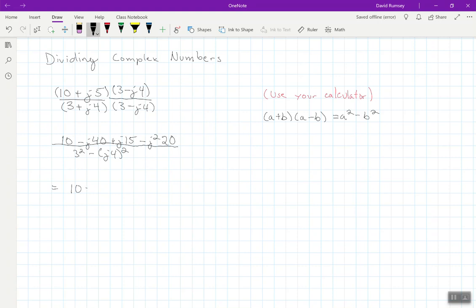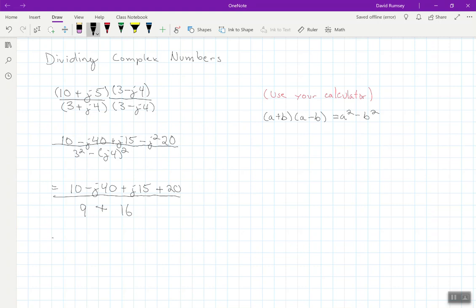So let's do some simplifying now. So I have 10 minus j40 plus j15. The j squared is negative 1, so that would be plus 20. And that's all divided by 9 minus j squared 16. Now I'll go ahead and erase something here because j squared is negative 1. So that would be actually 9 plus 16.